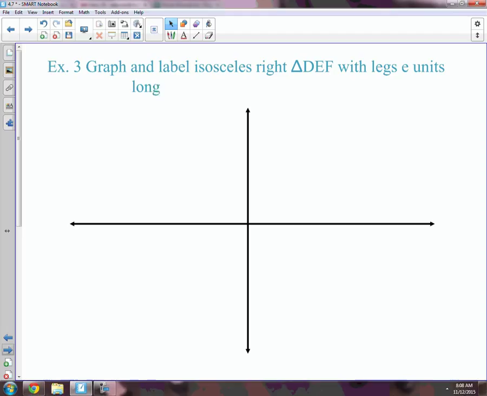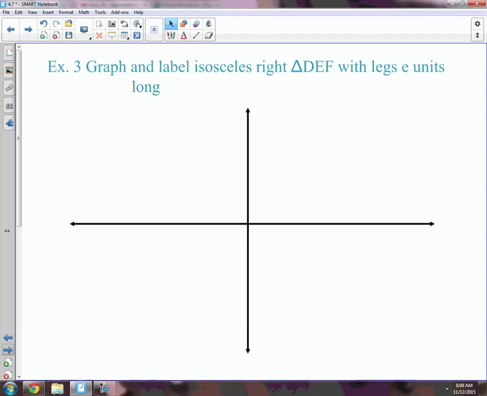Whenever we draw any kind of right triangle, I think it's in your best interest to build it in. So I'm going to build this one in what I have already. It just is going to make our math a lot easier. So I'm going to build in this right triangle into the corner I already have. I'm not telling you you can't, but usually it's easier to keep it on this side because those are all positive values.